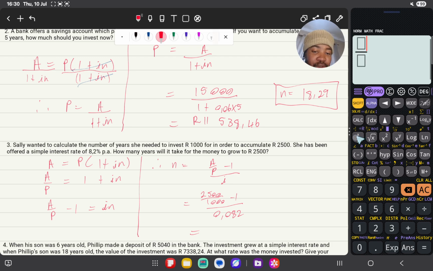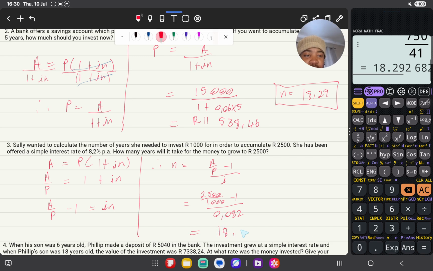So let's go. 2,500 divided by 1,000, and then minus 1, then divided by 0.082.